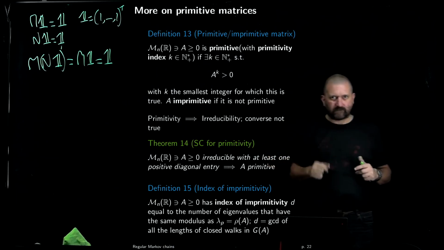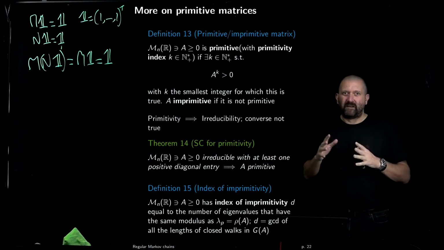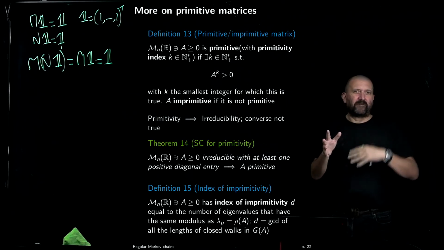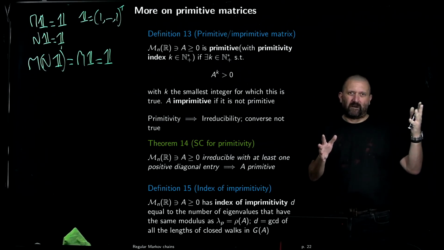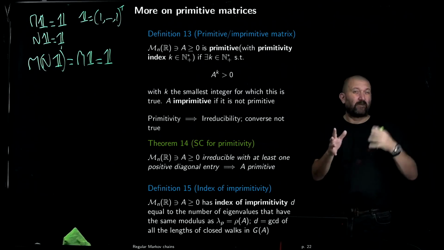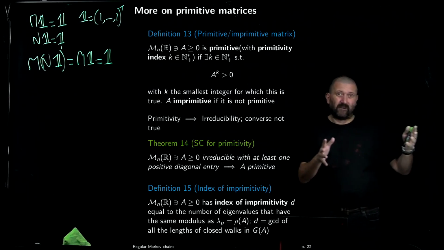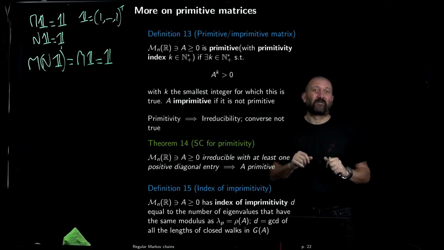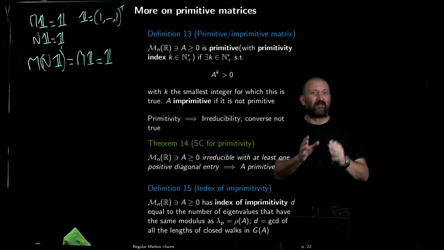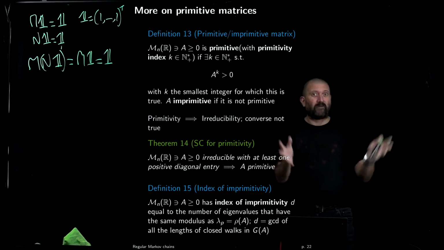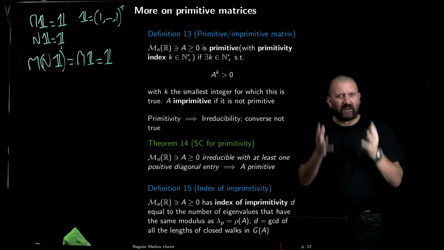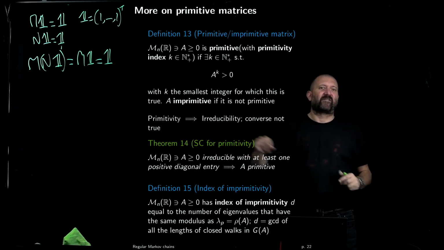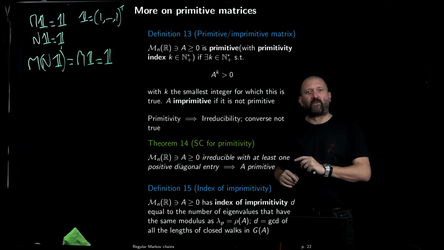Okay? Because once you have A to the k positive, if you multiply it by another matrix that's non-negative, you're going to remain positive. Actually, not all the time, but most of the time, this is what's going to happen. So the smallest value that gives you all the entries of the matrix positive is the index of primitivity. And we say that a matrix is imprimitive if it is not primitive.